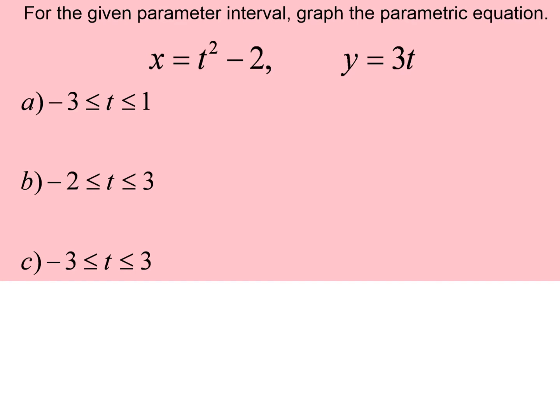Here we have 3 examples, and it's the same equation that we've already typed in. What is different is changing the parameters so that we get different curves. Again, on these, the first number is going to be your Tmin, and the second number is going to be your Tmax.